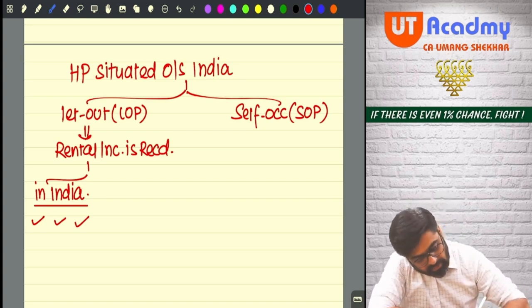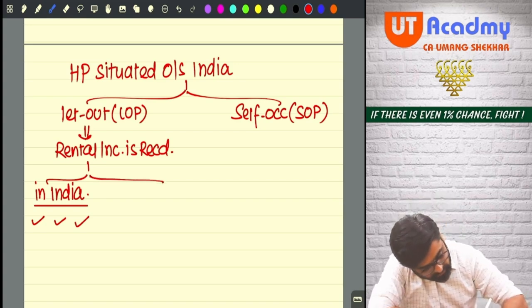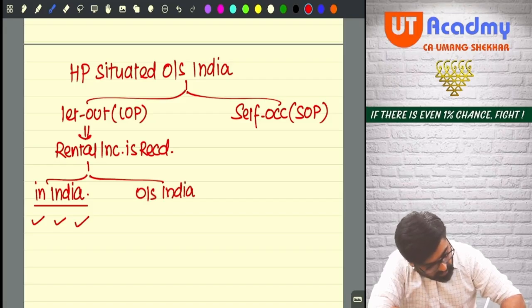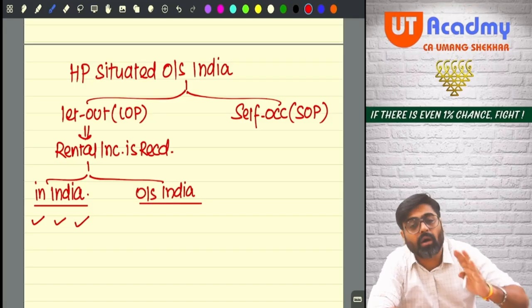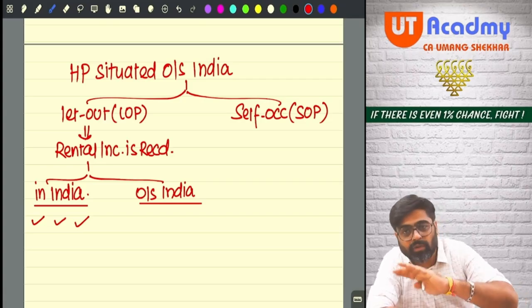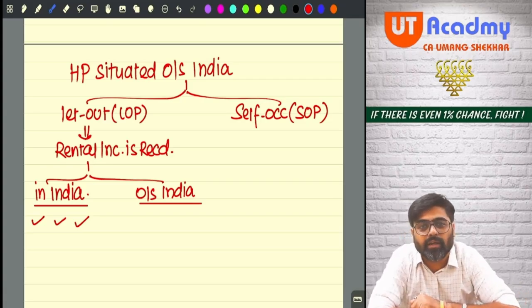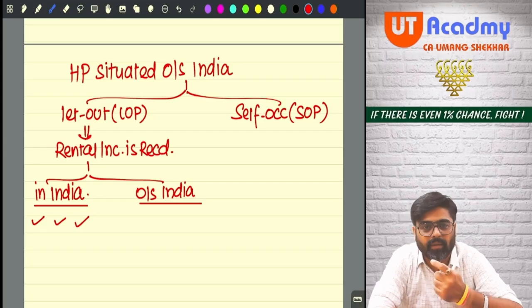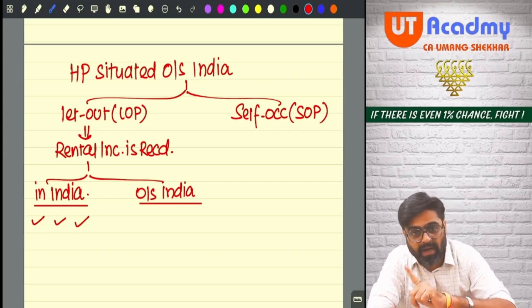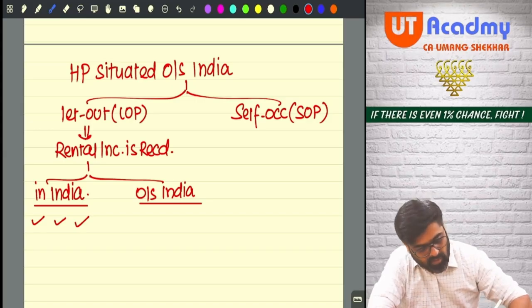Now, what if the rental income is received outside India? So the rent which accrued outside India, received also outside India, is it a foreign income? Yes or no? Part A or part B? Part B foreign income.